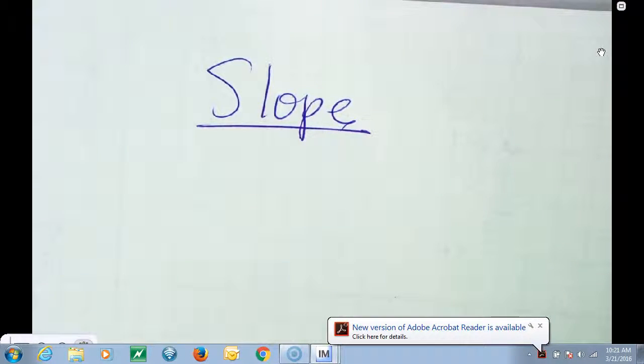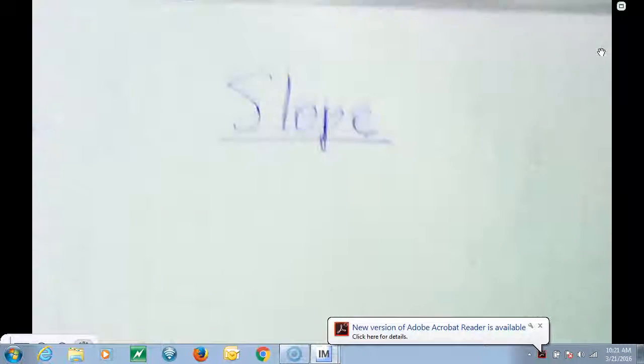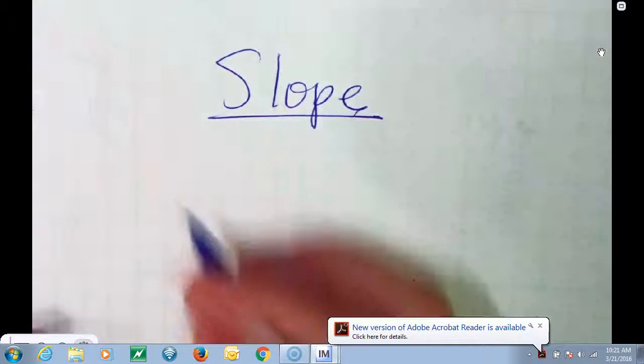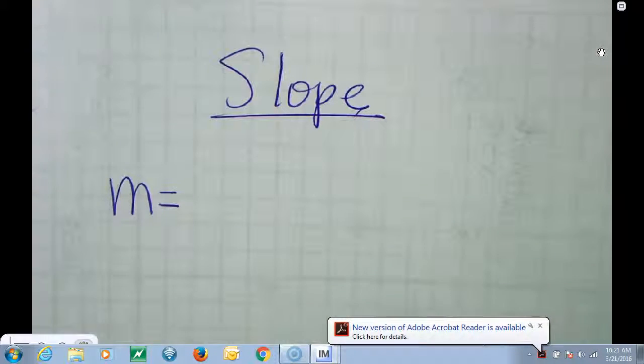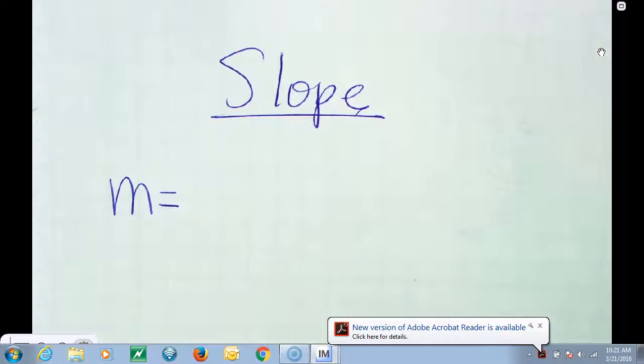Right slope. This is what gives you if it's linear or not. The slope, the rate of change, tells you if it's linear.